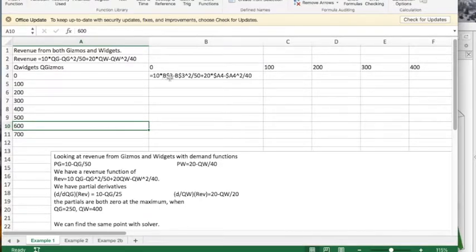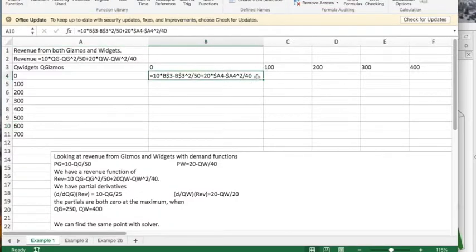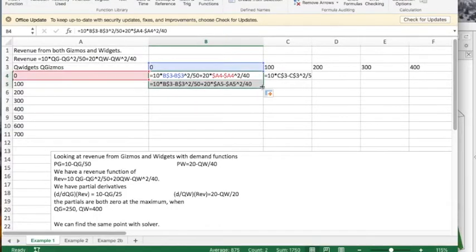I've got $3, because when I transfer across and drag, I like the B3 to turn into a C3. And similarly, if I'm looking at the quantity of widgets, those will all be in column A. So I'm going to keep column A there by putting the $ sign in front of the A, but it goes from row 4 to row 5.